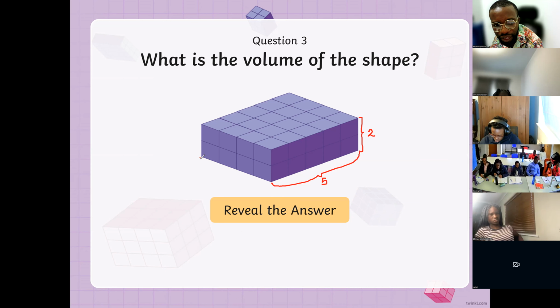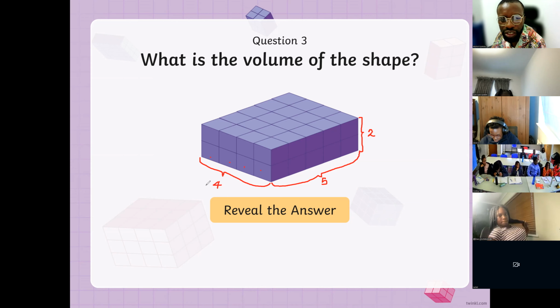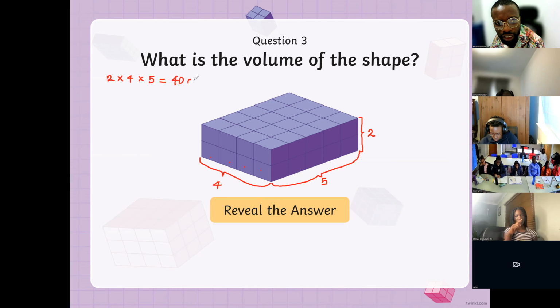How many do we have here? 4. So guys, the volume is 2 times 4 times 5, and that is equal to 40 cubic units.